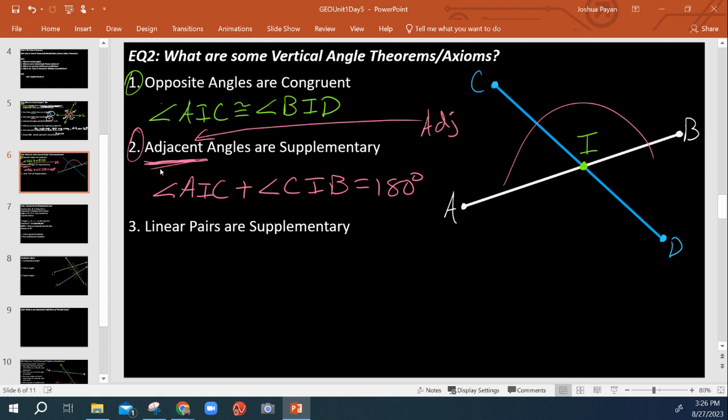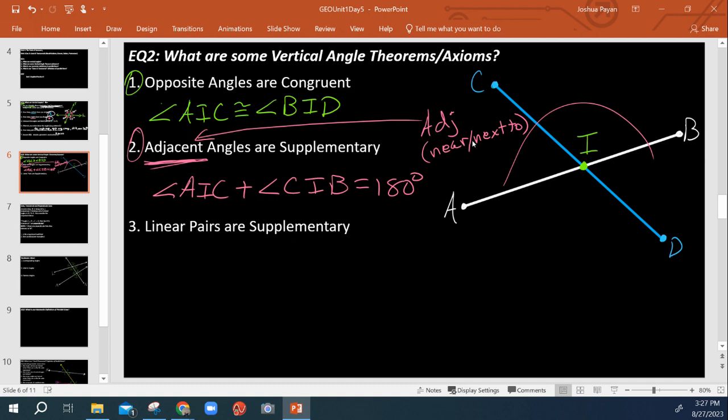Okay, adjacent is near or next to. So let's keep that in mind. And linear pairs are supplementary. Okay, so adjacent angles, linear pairs, kind of sort of one and the same.